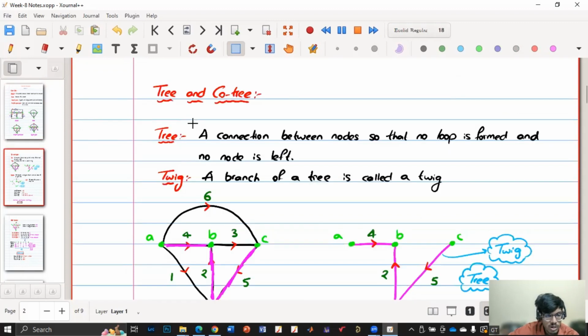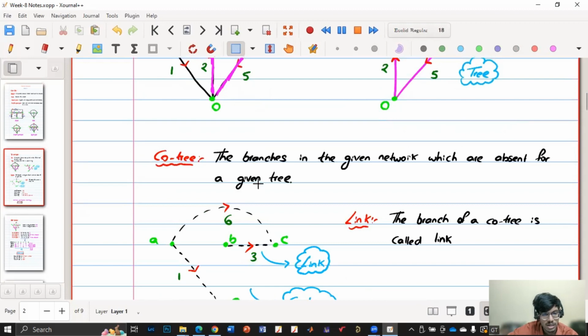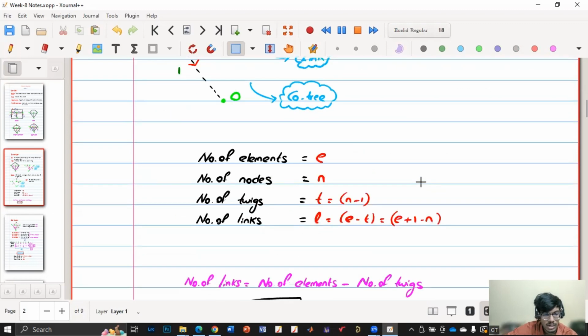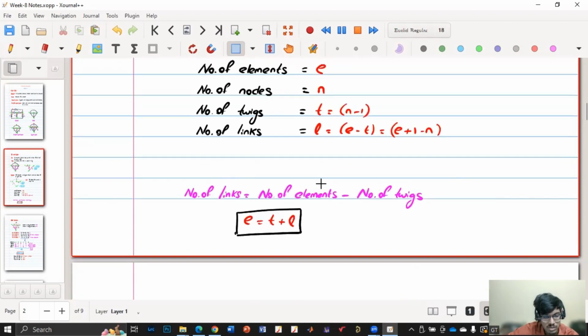Then we understood what a tree is. A tree is just a connection between nodes so that no loop is formed and no node is left. The branch of a tree is called a twig, and the co-tree is the remaining branches that are absent in the given tree. The branch of a co-tree is called a link. And then we saw the relation and the variable notation for this terminology.